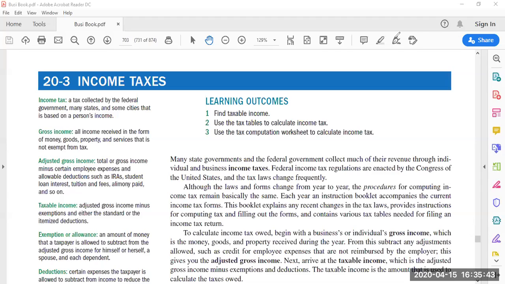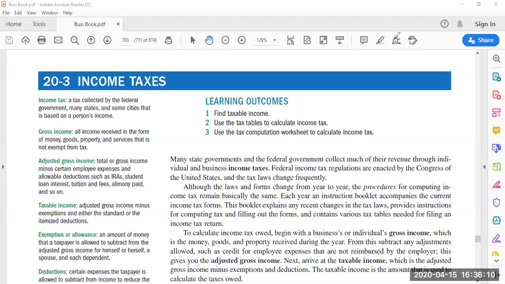There are certain exemptions that you're allowed, and also a standard deduction, or in some cases, if you have enough deductible items that total up to be more than the standard deduction, then you can choose that itemized deduction total in place of the standard deduction that is given to you.